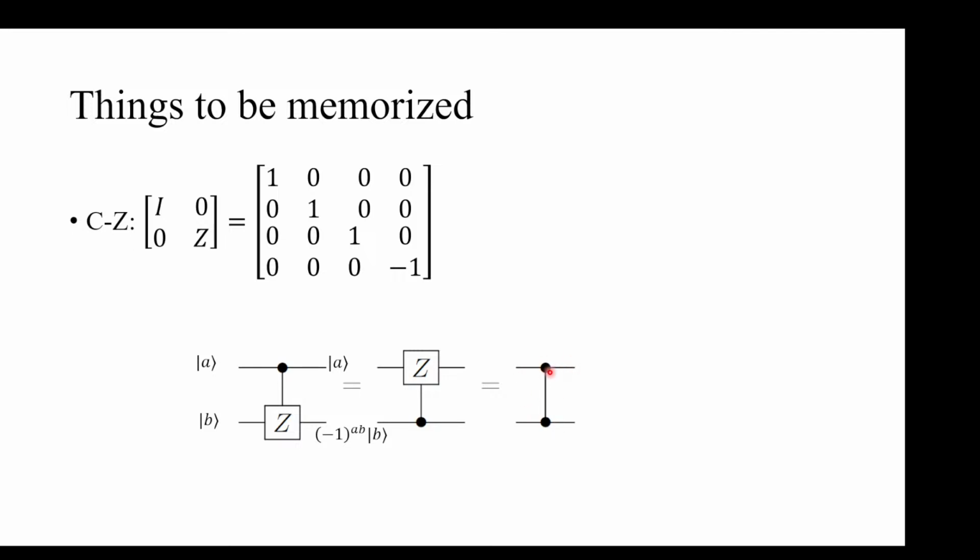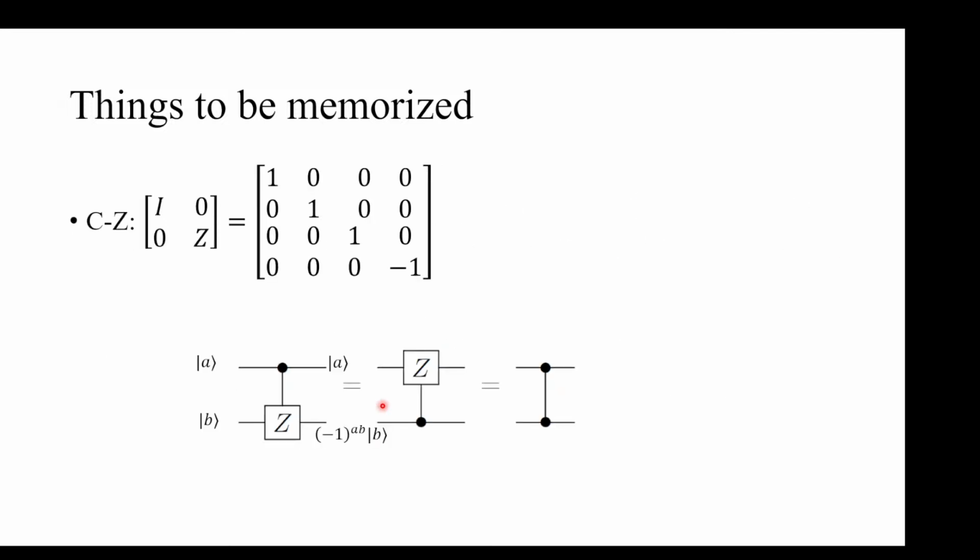Okay, so you put a solid dot on both sides, and this actually means control Z between those two lines. And control Z being symmetric can be easily checked from the notation here.